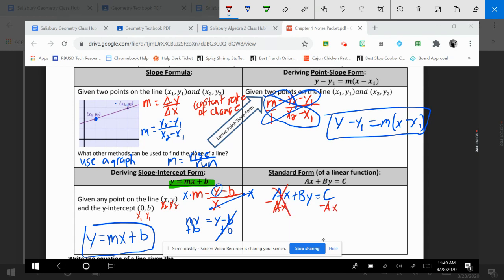Okay. Which means I have by is equal to negative ax plus c. And then divide everything by b to get y by itself. Which means I end up with, let's use pink, y equals negative a over b x plus c over b.